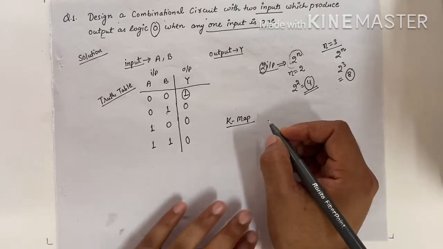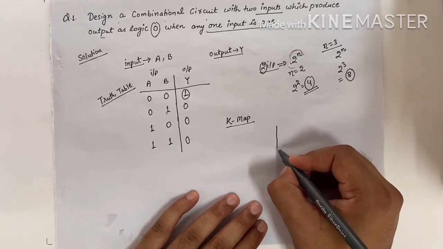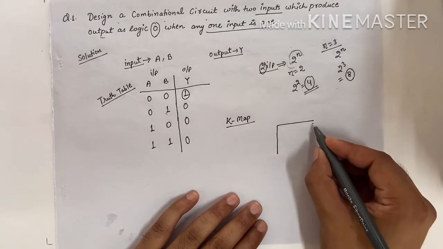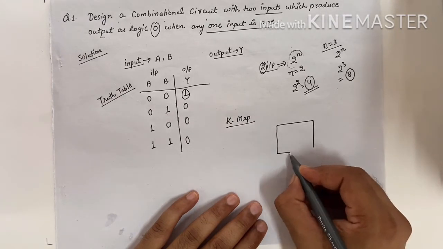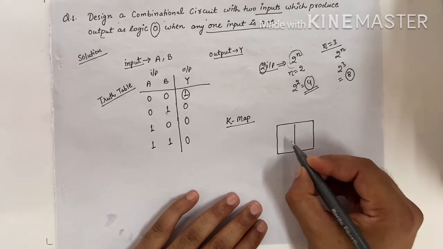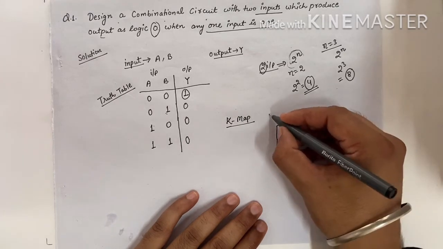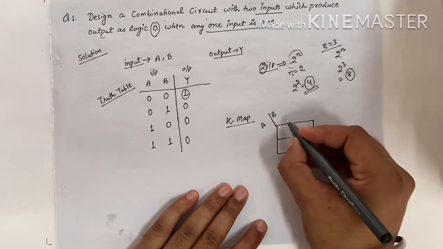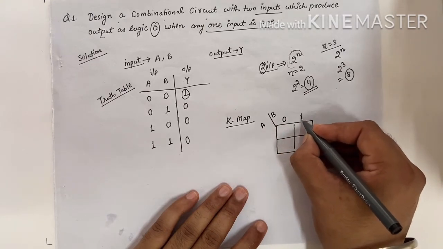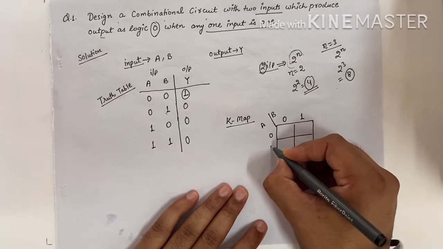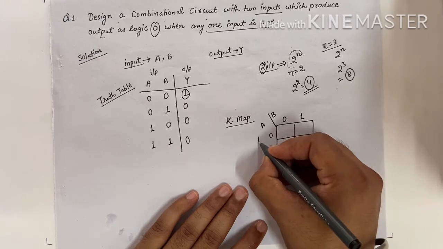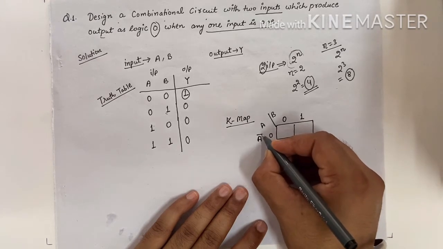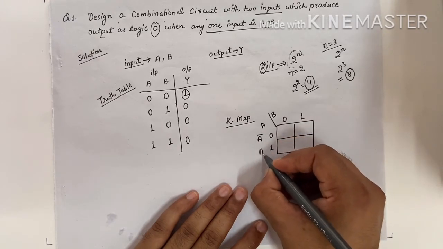This is the 2 variable K-map, so we have to make 4 cells here, and we represent the inputs A and B. Here it is 0 and here it is 1, here it is 0, here it is 1. We write 0 as A complement and 1 as A only.